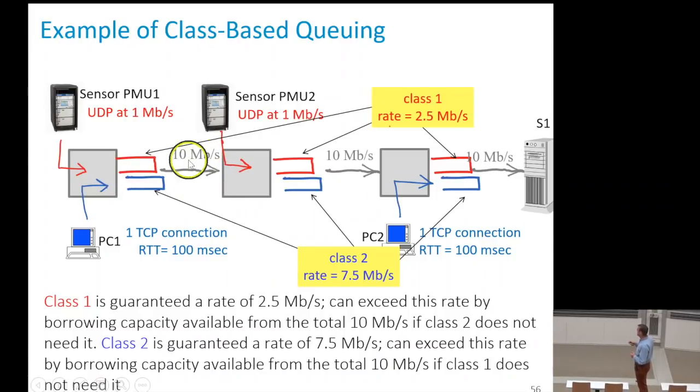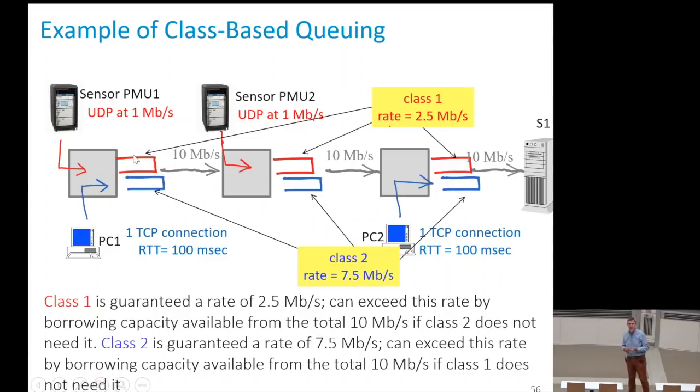Now assume this is an old style Ethernet or CAN bus type of link that is 10 megabit per second. The rest will be allocated to the blue traffic. Now, I also want to make sure that the blue traffic is completely safe, so I allocate to the blue traffic the delta, which is 7.5 megabit per second.